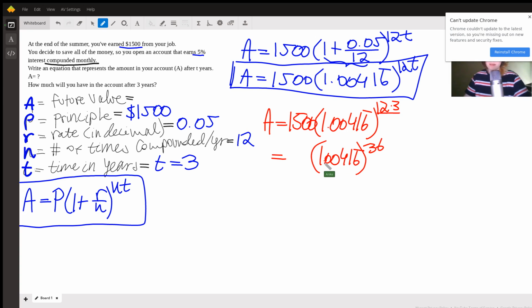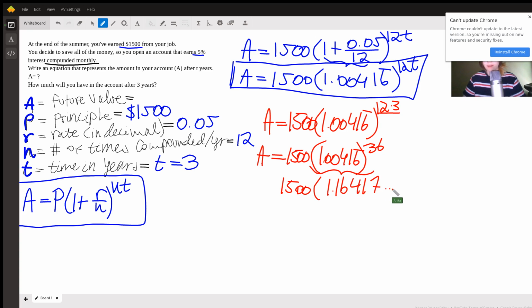The second step is to actually put 1.00416 repeated to the power of 36 and then multiply by 1,500. So after we take that to the power of 36, we should get something like 1.16147, very long decimal, and so on and so forth.